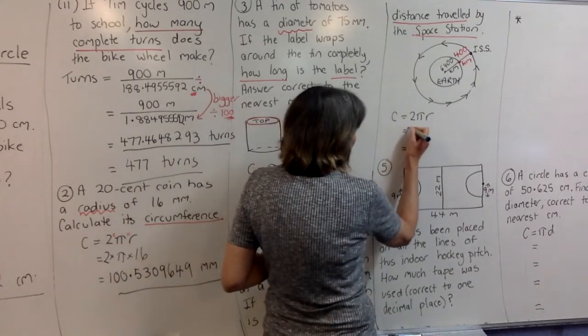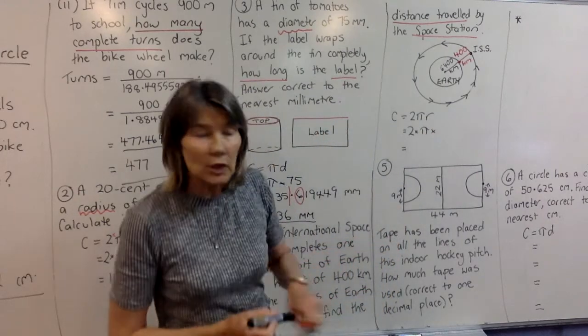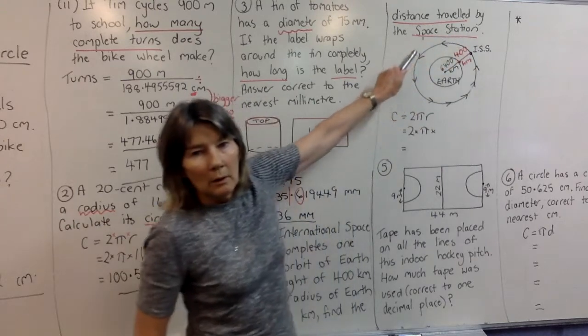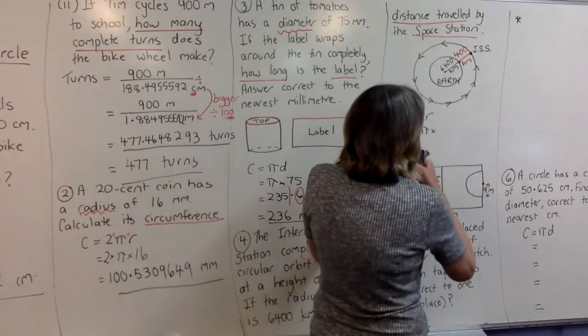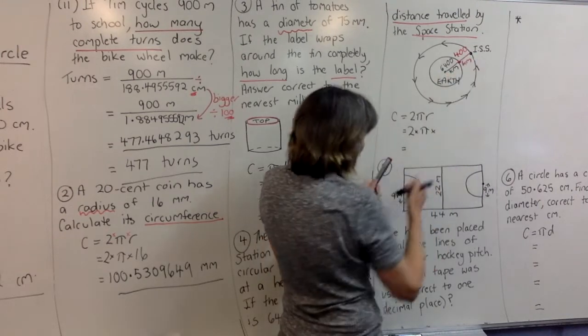Now this is the tricky bit. What's the radius of the circle that the space station is orbiting on? Now the radius is this whole thing here, from here to here. Right? That's the radius.